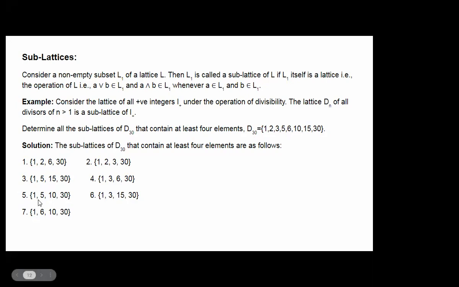Now the elements between these two are continuously changing: 1, 2, 6, 30; 1, 5, 15, 30; 1, 5, 10, 30; 1, 6, 10, 30; 1, 2, 3, 30; 1, 3, 6, 30; and 1, 3, 5, 15, 30. These are the examples of sublattices.